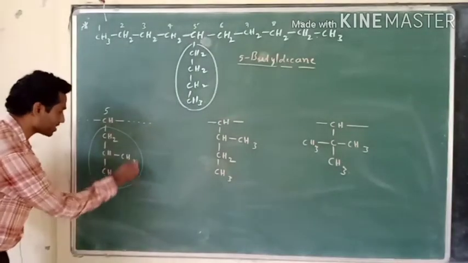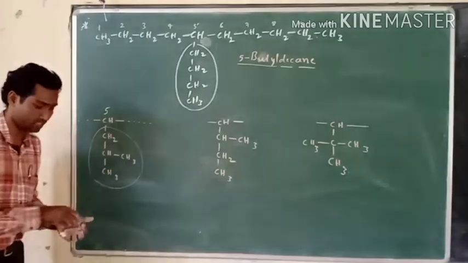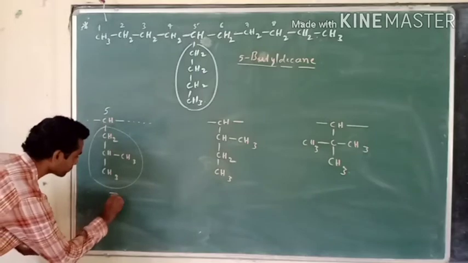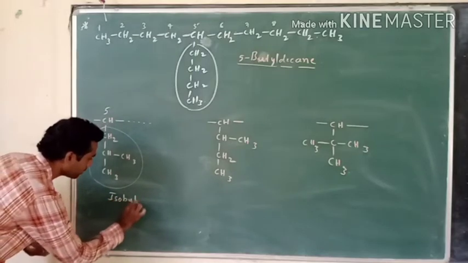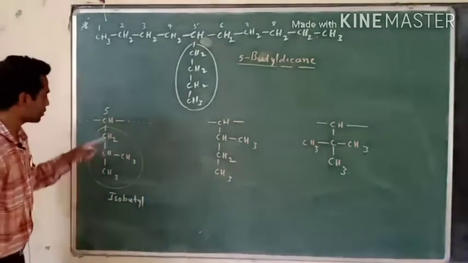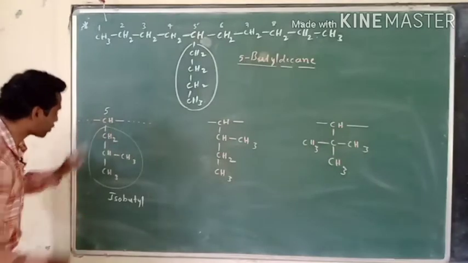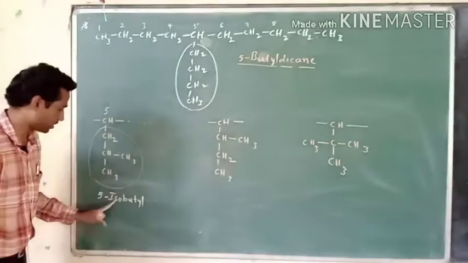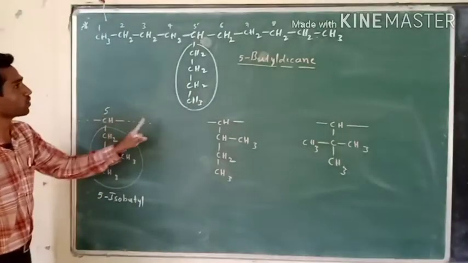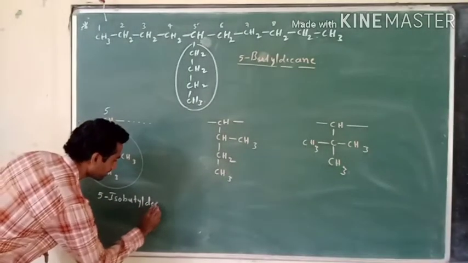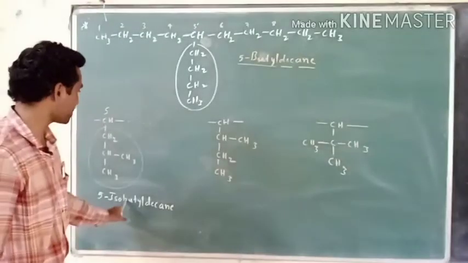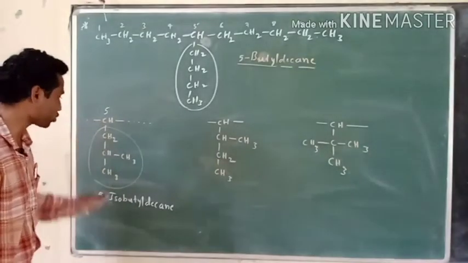Iso group is there, therefore the name of this substituent is isobutyl. To which carbon it is attached? At the 5th position. 5-isobutyl is the prefix. Then root word is dec. Ane is the primary suffix. So this is the name of this substituent, isobutyl.